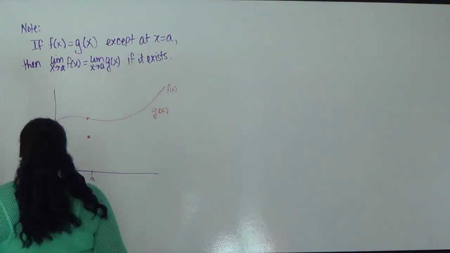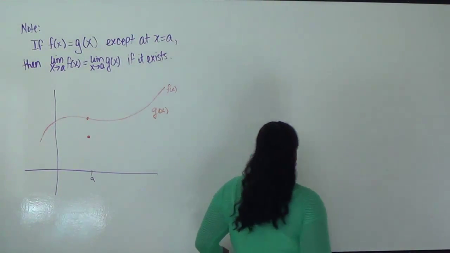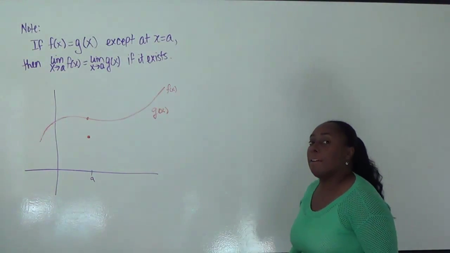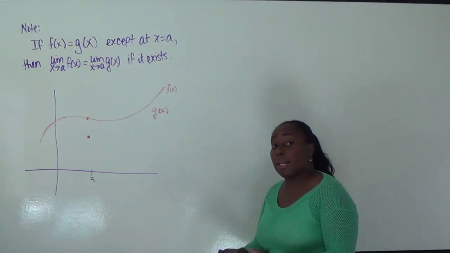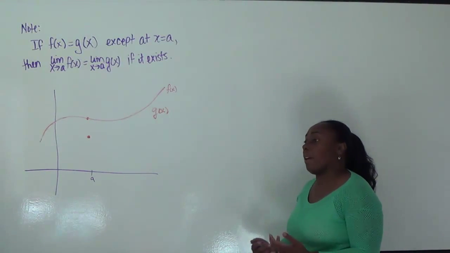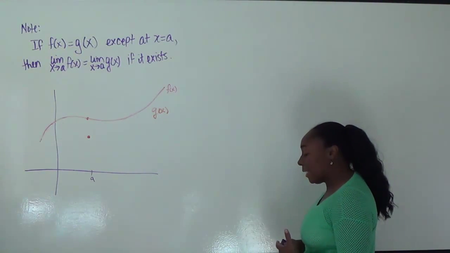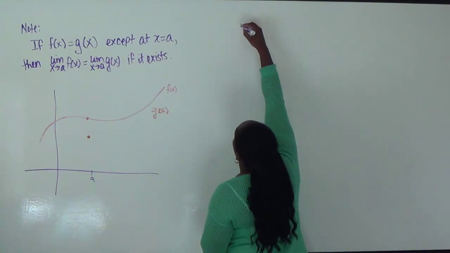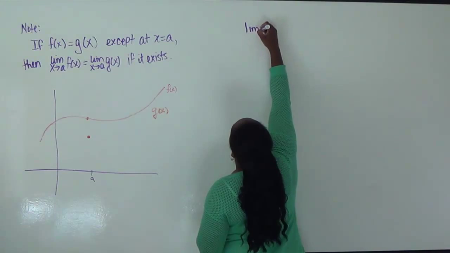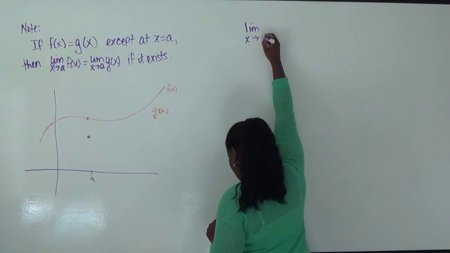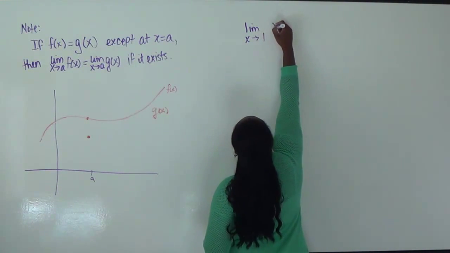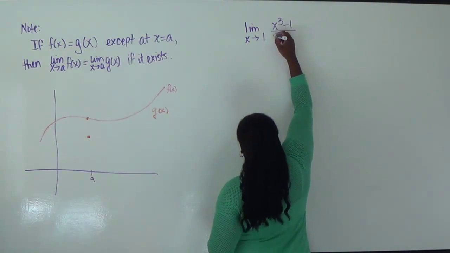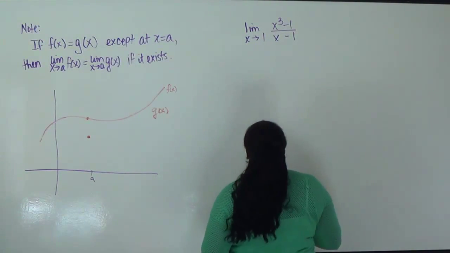So this is useful to us because for some of the functions that we're going to see, the limit laws don't apply directly at first, and like I said, we have to algebraically manipulate them before we can use the laws. So an example of this is the limit as x approaches 1 of x cubed minus 1 over x minus 1.